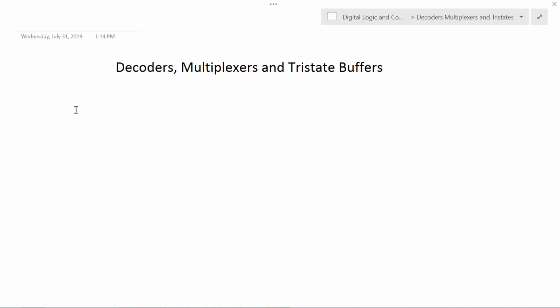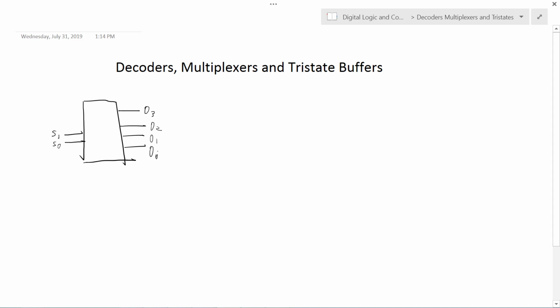What is a decoder? Let's take the high-level symbol here and say we have two possible inputs, S1 and S0, and now we have four possible outputs, O3, O2, O1, and O0.